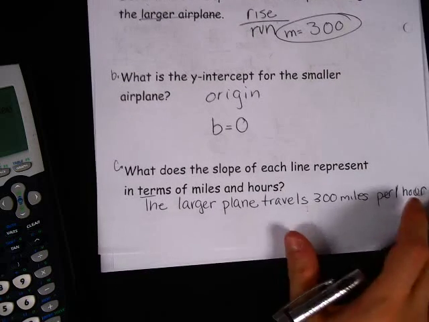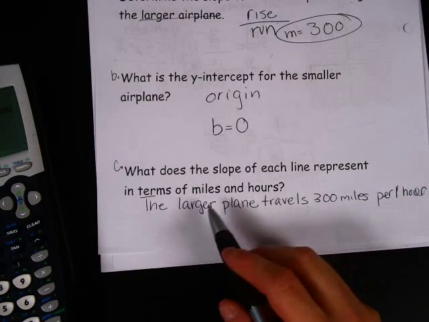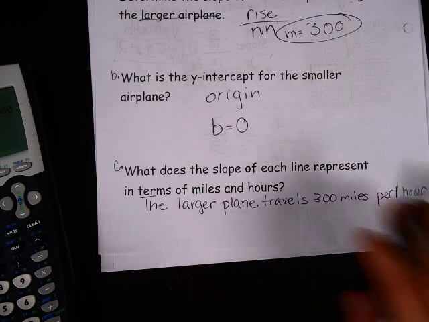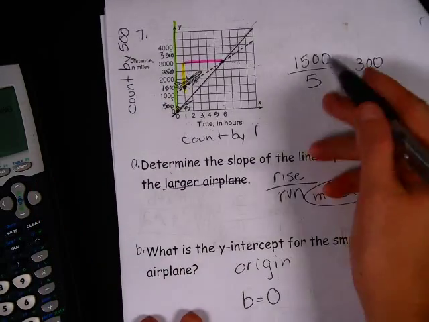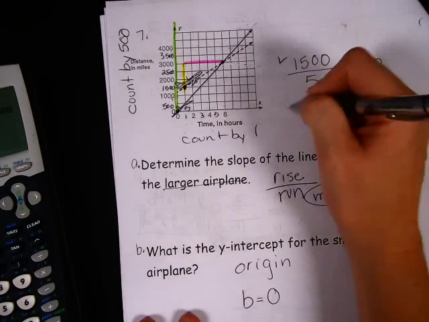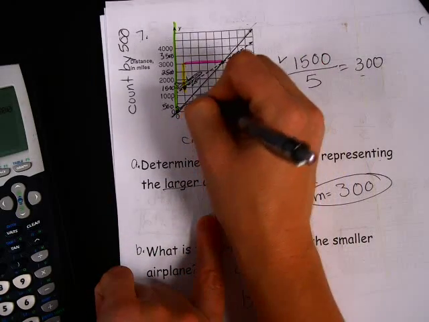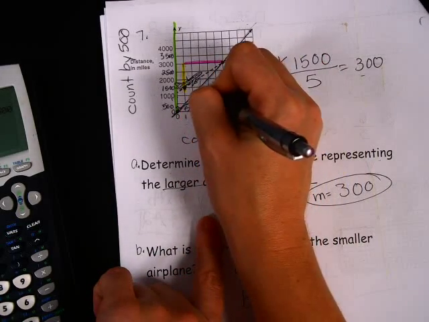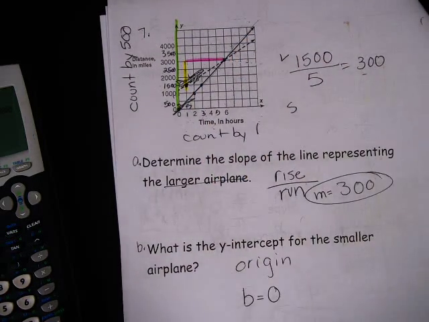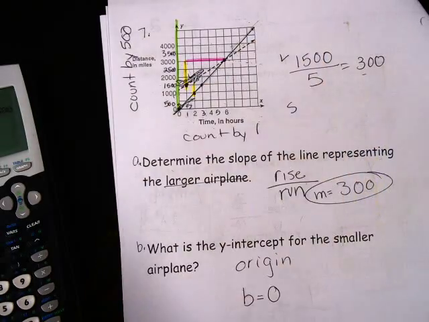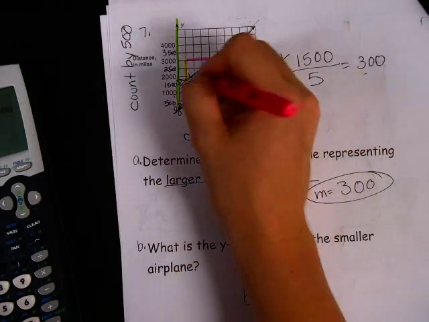Okay? So now let's talk about the smaller plane. We have to find the slope of the smaller plane. So let's go back up here. This is the large plane. Let's go for the small plane. This one's a little bit easier because it's more consistent. My rise is yellow. My run is pink.